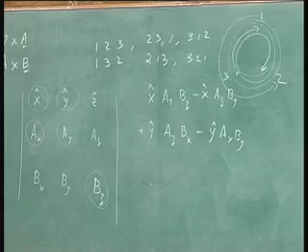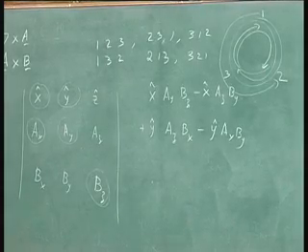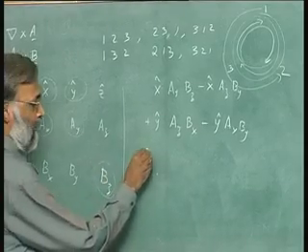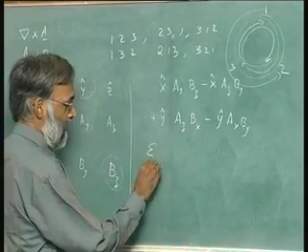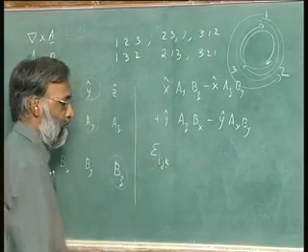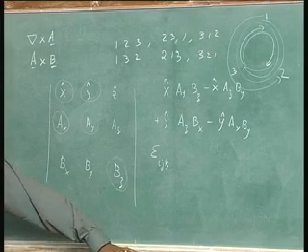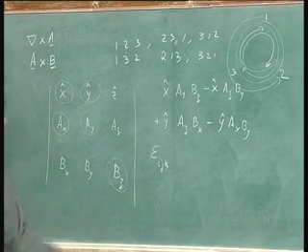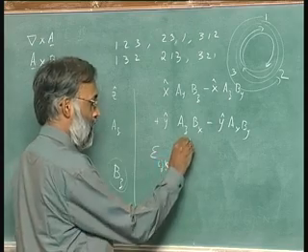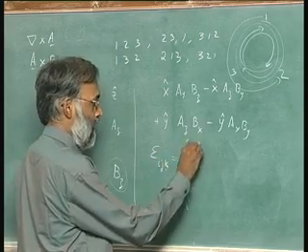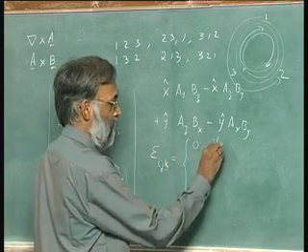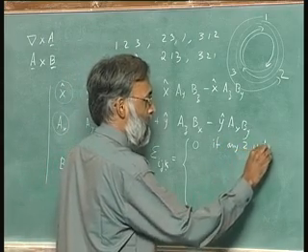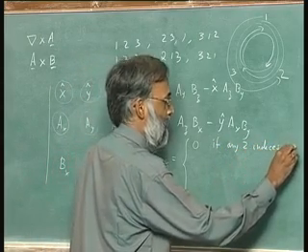Now, there is a symbol which represents all of this. Specifically, it is called epsilon ijk. It is called the unit antisymmetric tensor. It is a big name for something very simple. It is equal to 0 if any two indices are repeated.